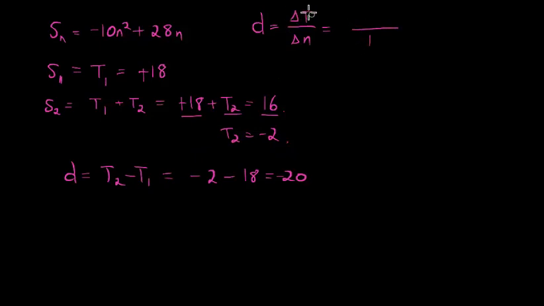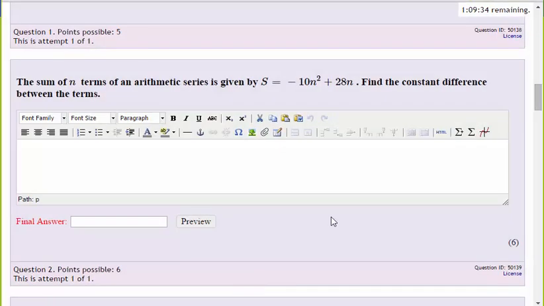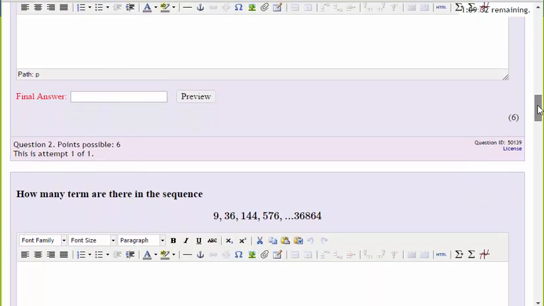What is the change in t? That's term 2 minus term 1. So you can maybe remember this formula because it encompasses all possibilities. Term 2 is negative 2, term 1 is 18, so term 2 minus term 1 would also give you negative 20. Okay, let's see if there's another question, arithmetic series.